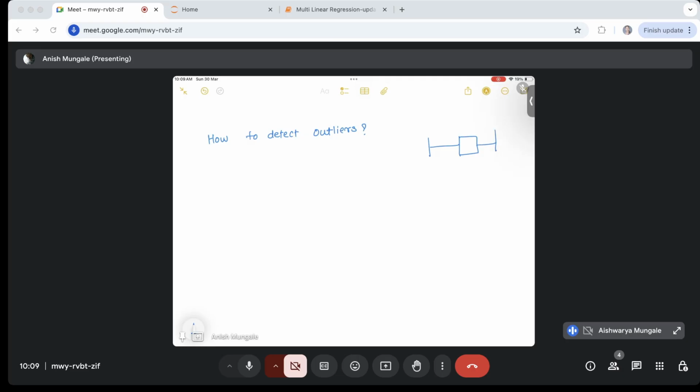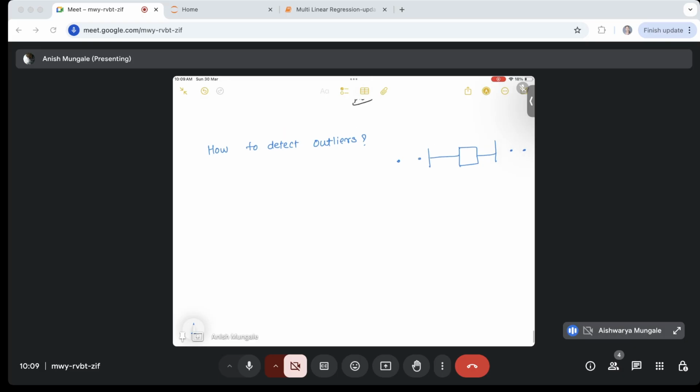We said that anything outside this box plot is an outlier.